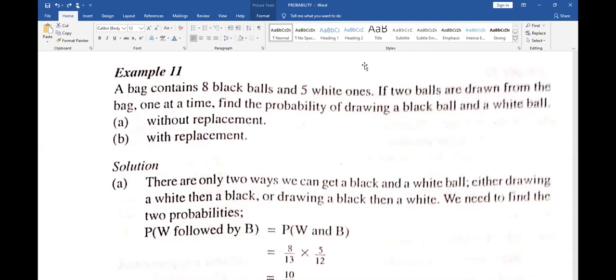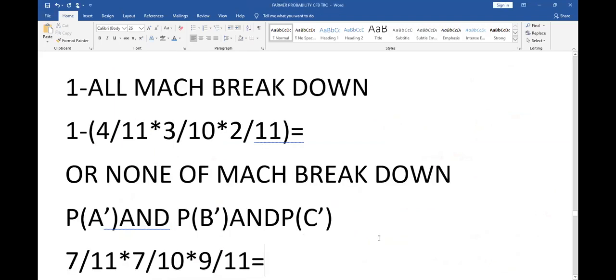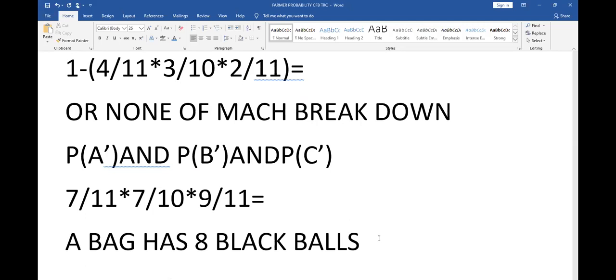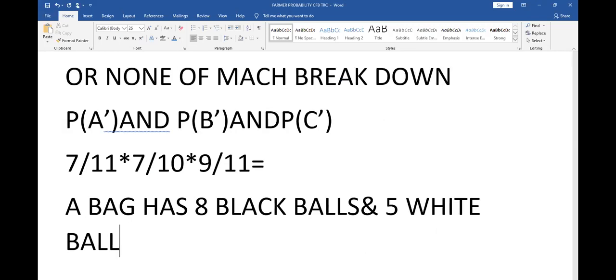8 black, 5 white. So a bag has 8 black balls and 5 white balls. So 2 balls are drawn.